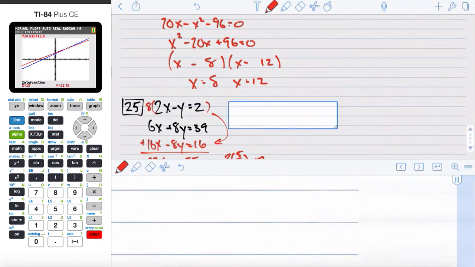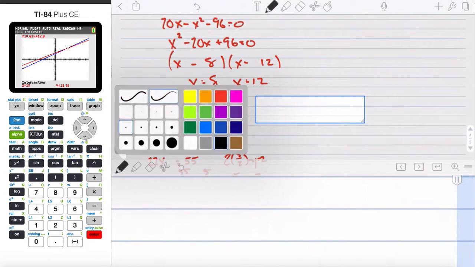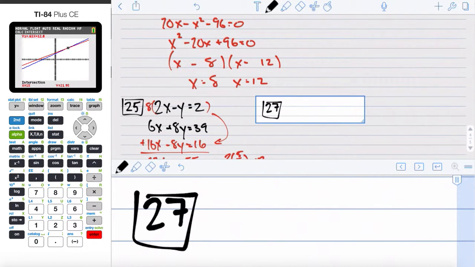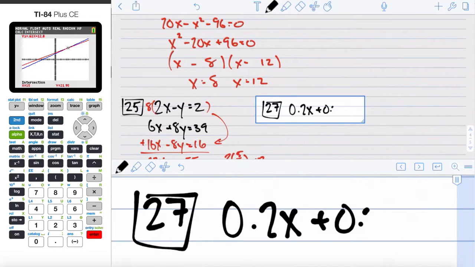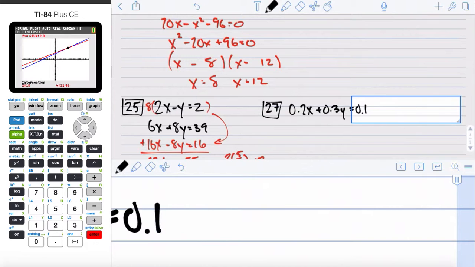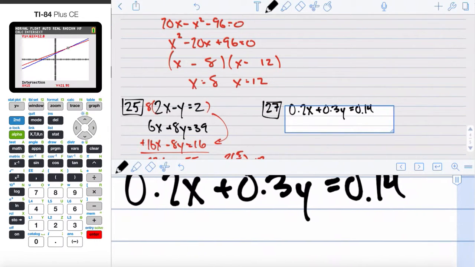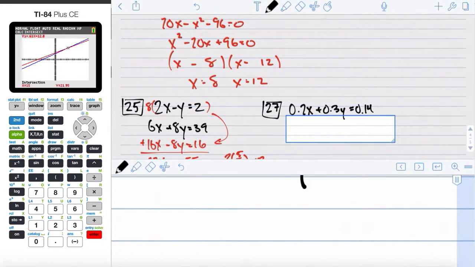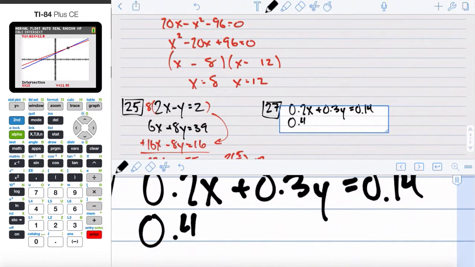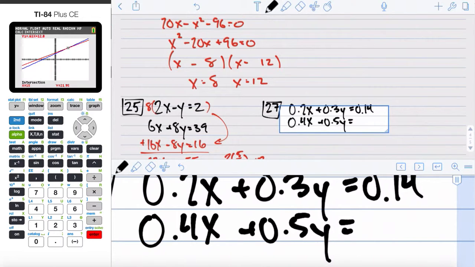Okay, 27 is 0.2x plus 0.3y is equal to 0.14, and 0.4x plus 0.5y is equal to 0.20.